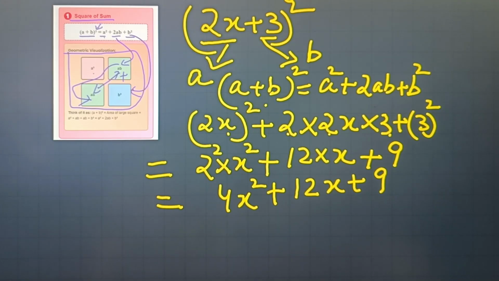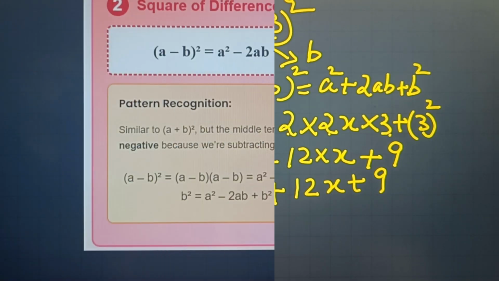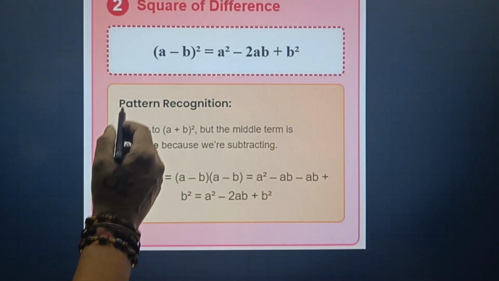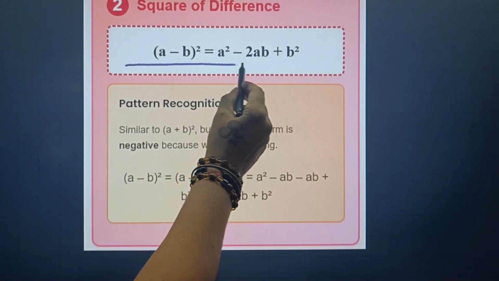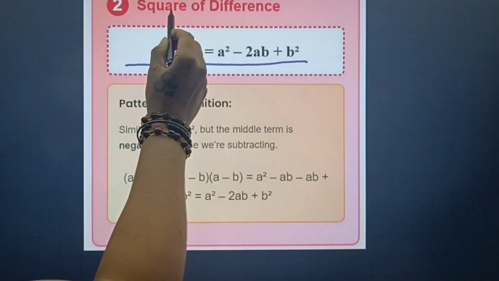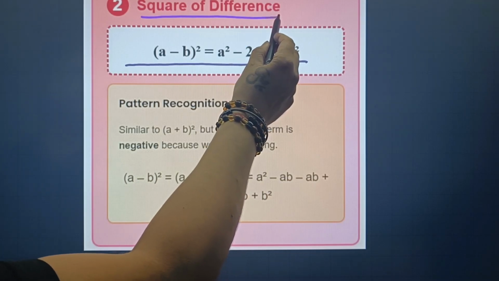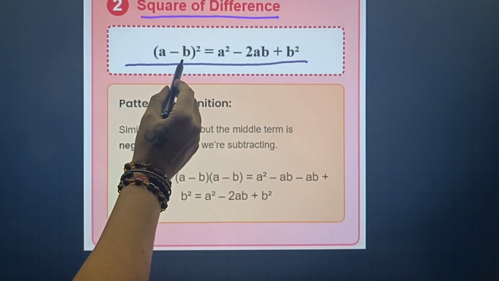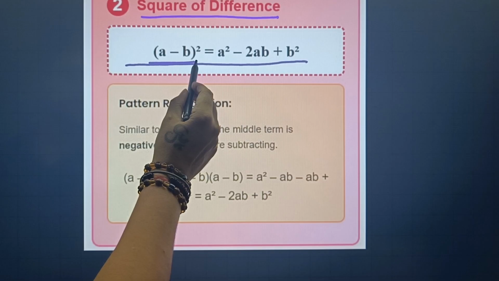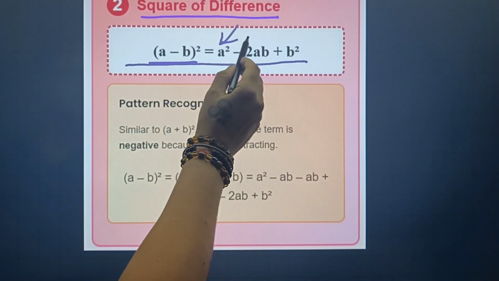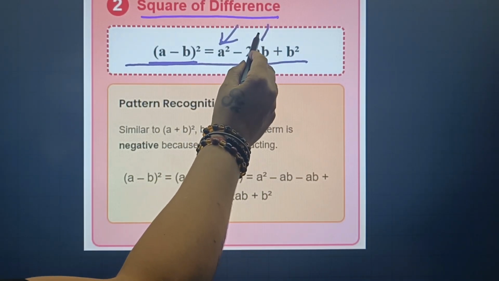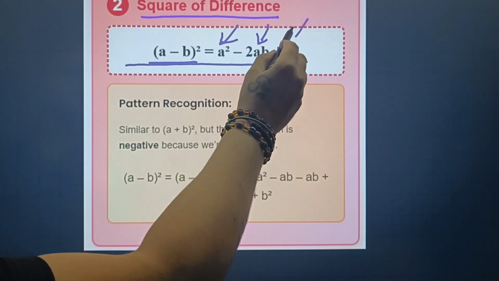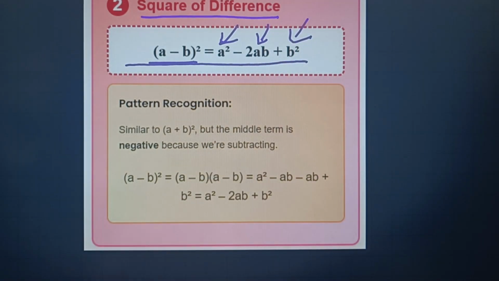Now let's move towards another algebraic identity. So students, here we have another algebraic identity, which is the square of a difference, that is (a − b)² = a² − 2ab + b².